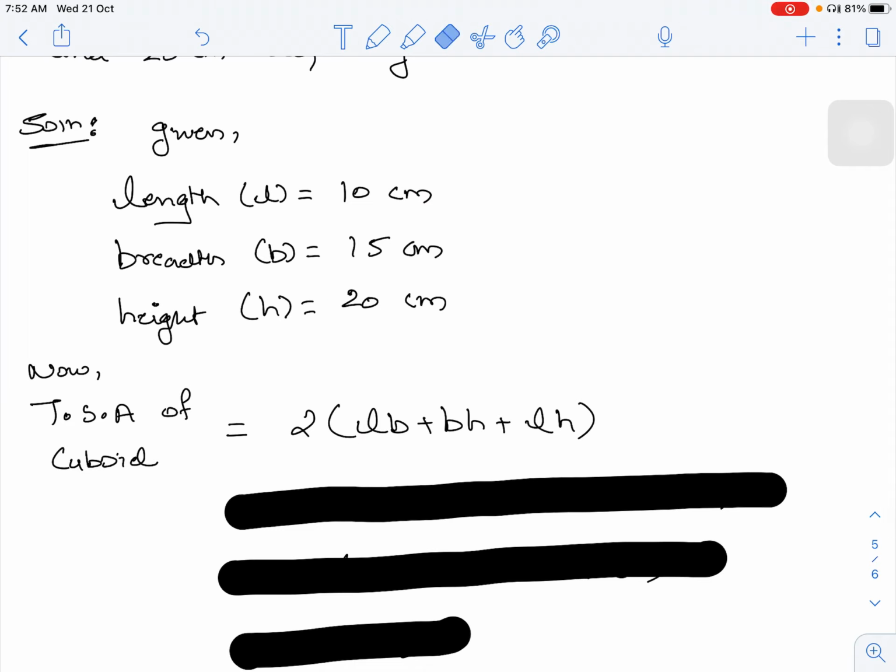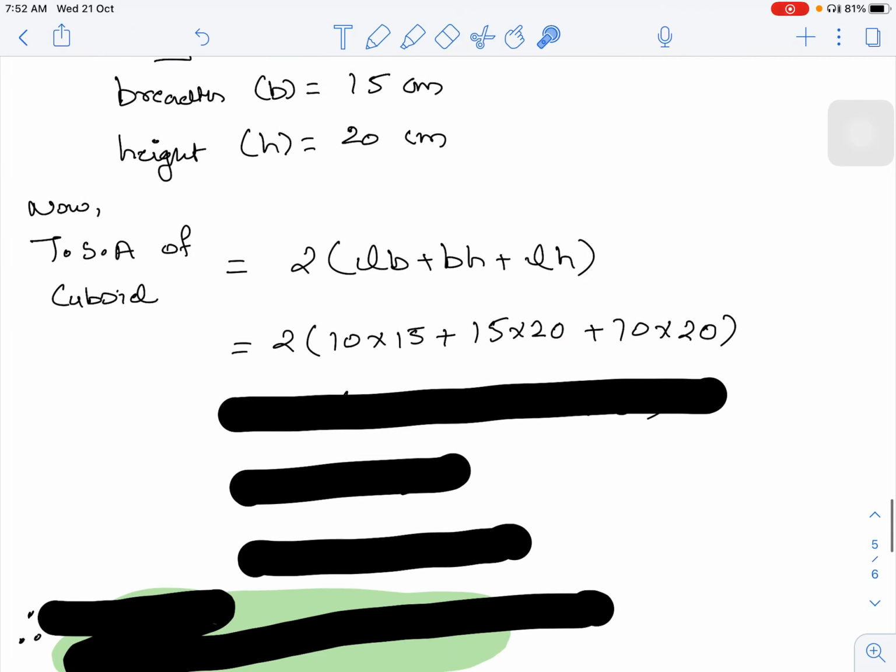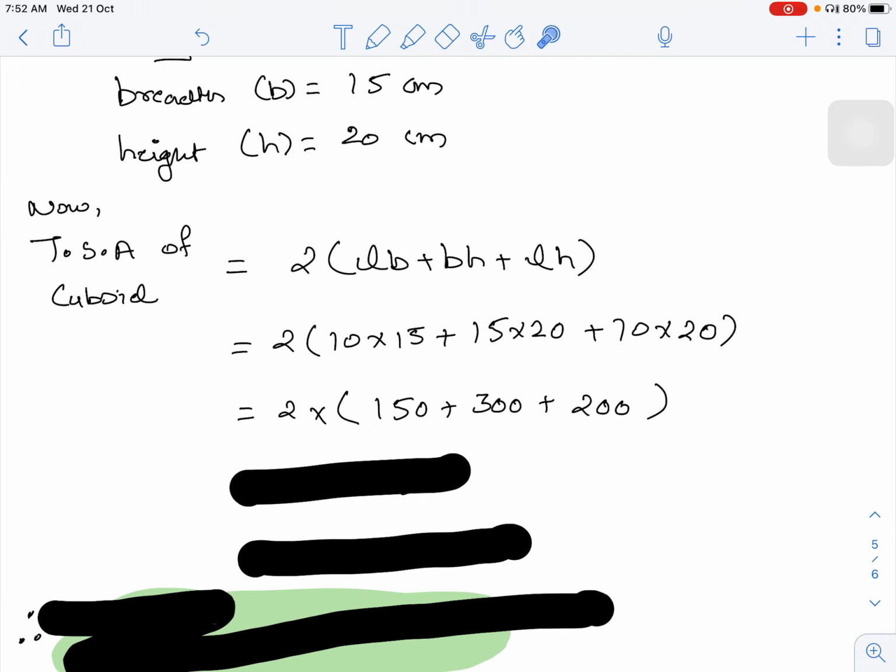The length is 10 centimeter, so 10 into breadth 15, then b into h means 15 into 20, then l into h means 10 into 20. In the next step, the 2 stays as it is, 10 into 15 is 150, 15 into 20 is 300, and 10 into 20 is again 200.